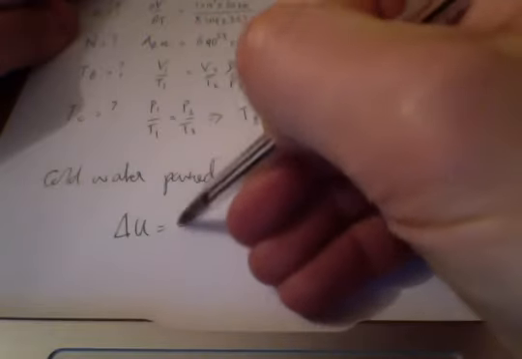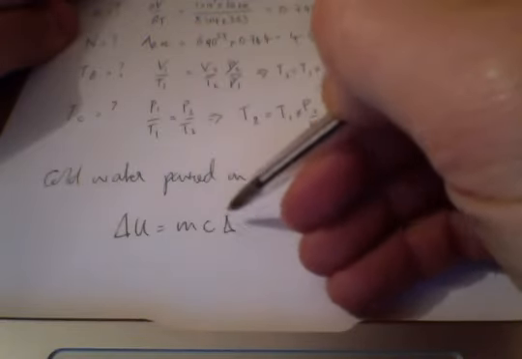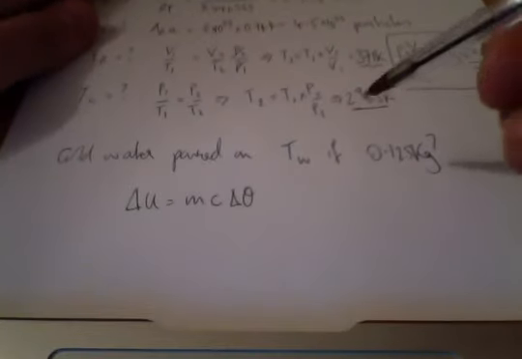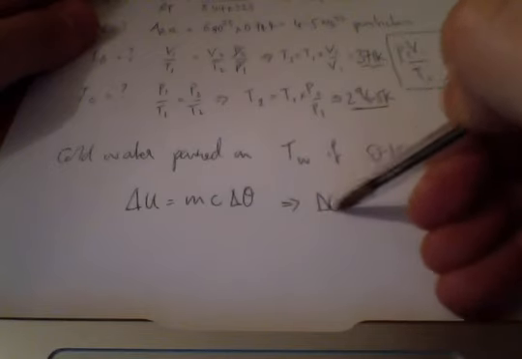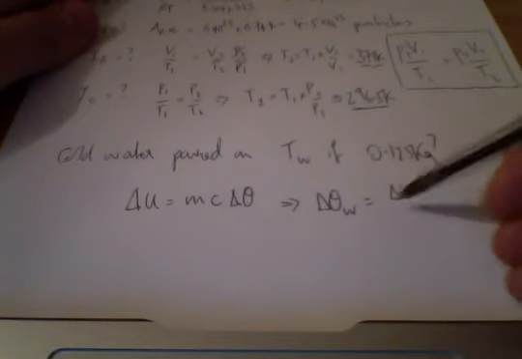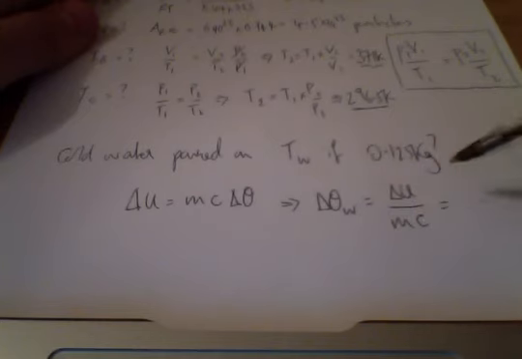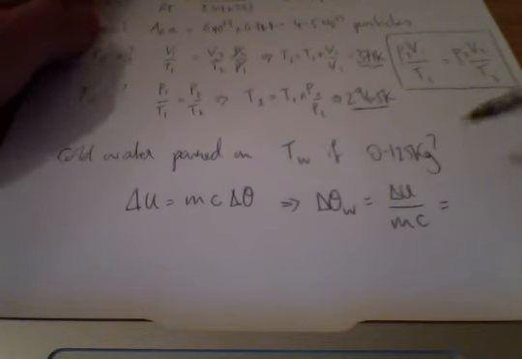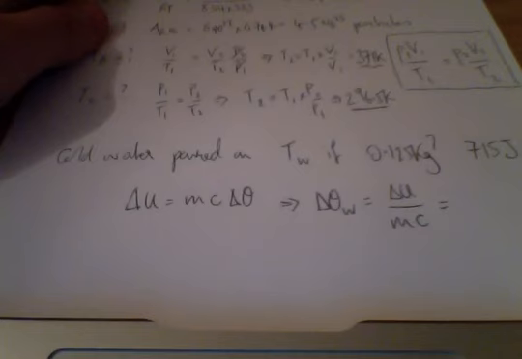Well, we once again use the change in internal energy as mass times specific heat times the change in temperature. And we pretty much know most of that. Let's rearrange the equation to get the change in temperature of the water, which is going to be the energy over mass times specific heat. Oh, apologies again, I should have told you that 715 joules of energy was extracted from the cylinder.